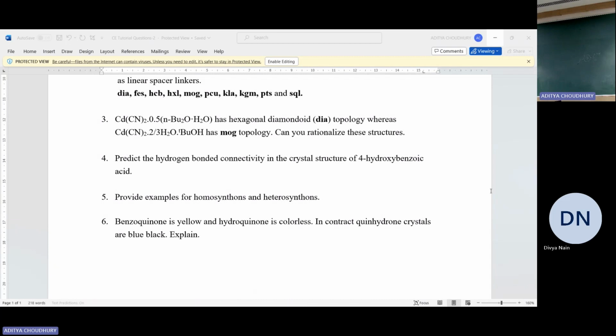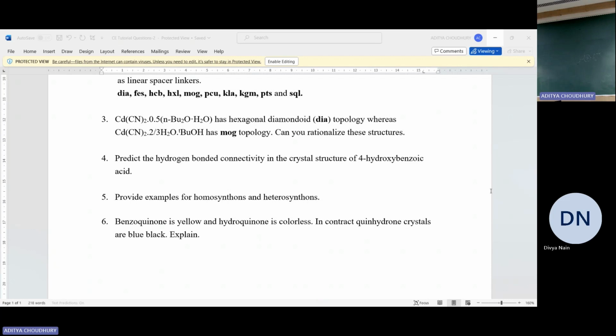So there are basically 2 types of synthons you come across. Any other?